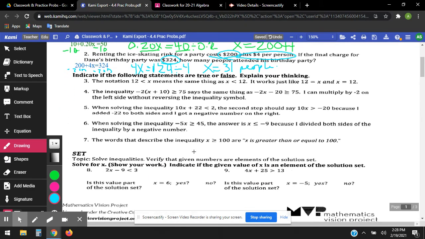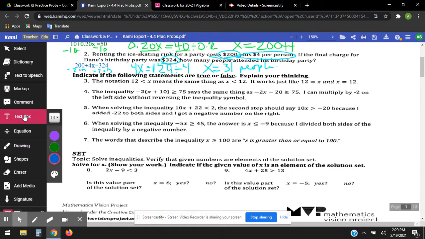All right, indicate if the following statements are true or false. Explain your thinking. So the notion that 12 is less than x means the same thing as x is less than 12. Kind of works like an equal sign. You can have probably 3 plus 5 equals 5 plus 3. You can kind of rearrange it, right? Is that true or not?